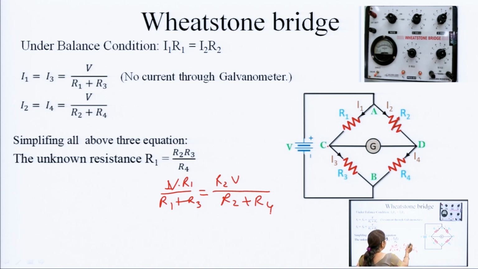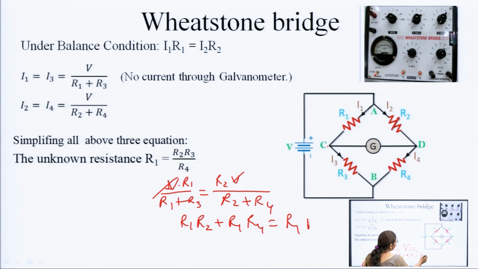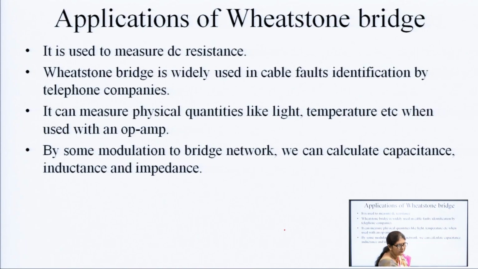By solving this, we will cancel it, and then it is R1 R2 plus R1 R4 is equal to R1 R2 plus R2 R3. So, this R1 R2 is cancelled out, and then we will find that R1 is equal to R2 R3 by R4. By this method we can measure the value of R1, that is the unknown resistance.